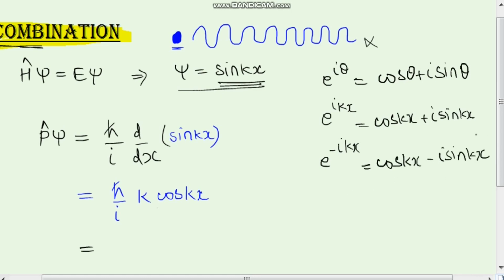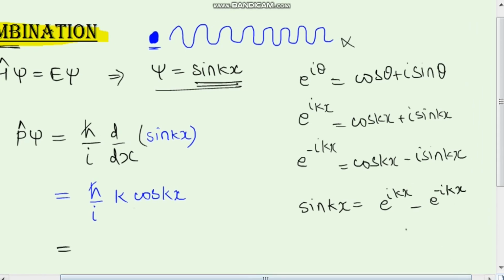Well, from here it is clear that if you subtract these two equations and then do just a little mathematics, you will get sine kx. You will first subtract them, and then you will get 2i sine kx, and then you will divide this whole thing by 2i.